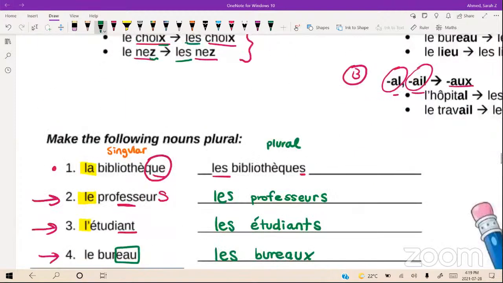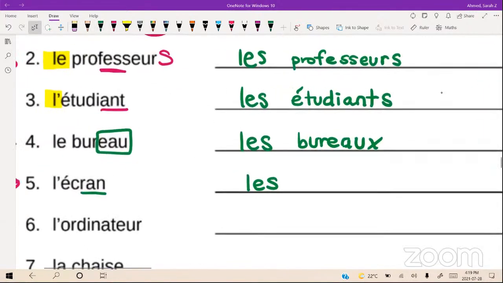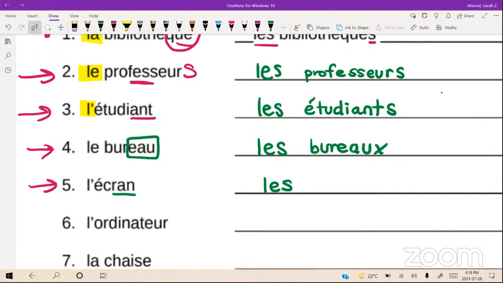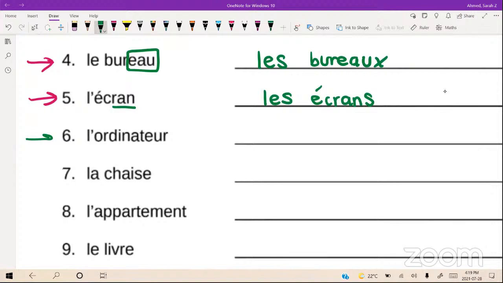Okay, so let's see what you get for l'écran. I'm just going to add the S. Yes. Okay, so I'll just wait till you put it in the chat. Les écrans. Very good. Okay, now can you do number 6 yourself? Yes.